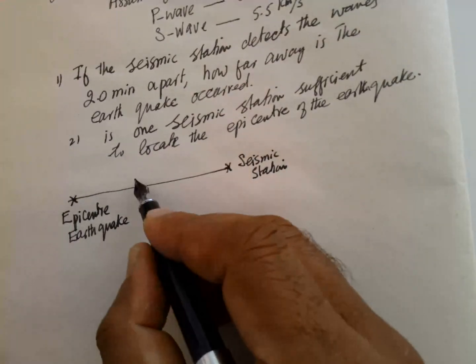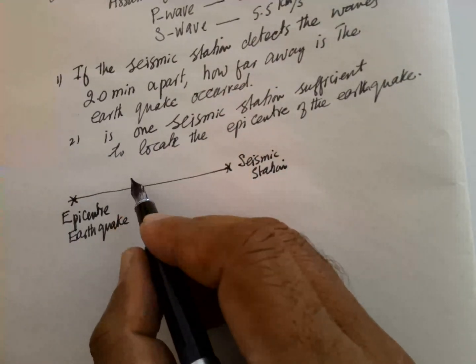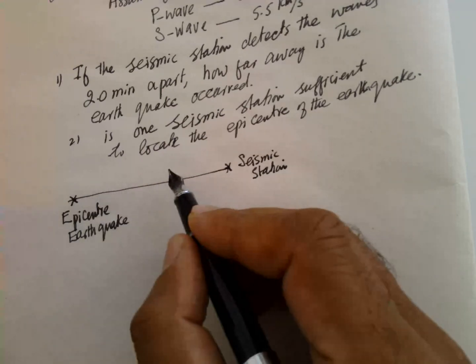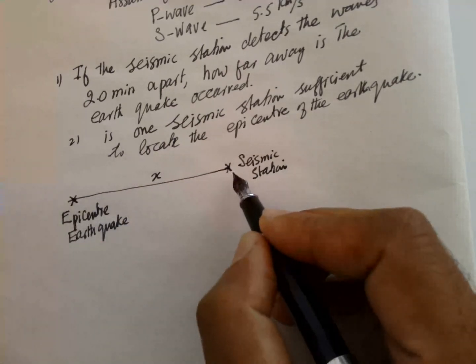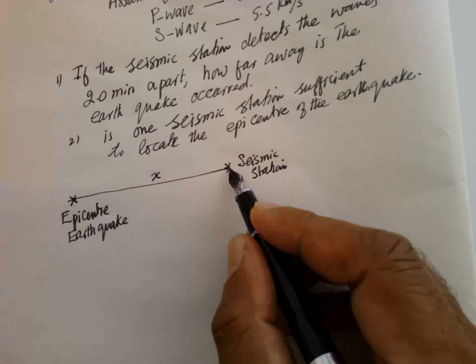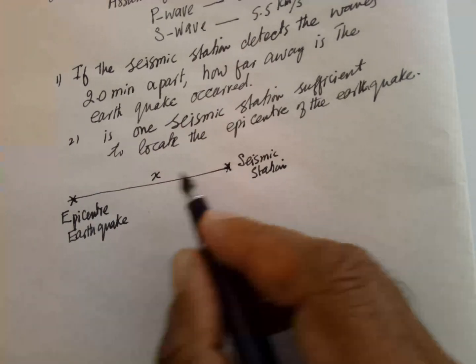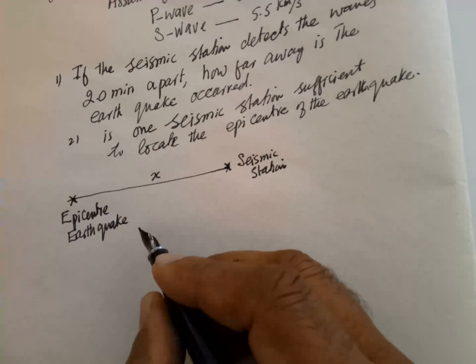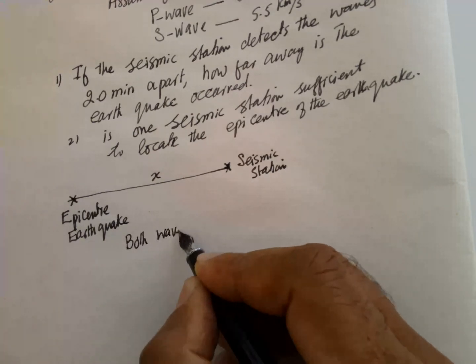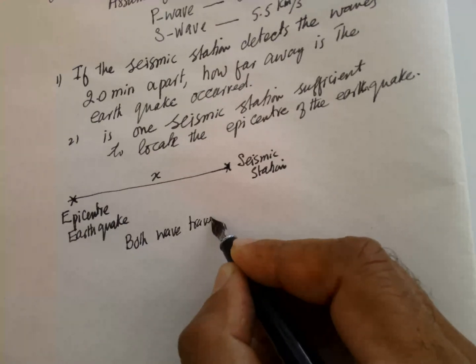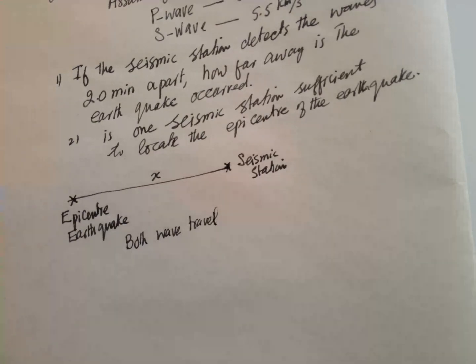So we have to find the distance x from the epicenter to the seismic station. So both waves travel the same distance.